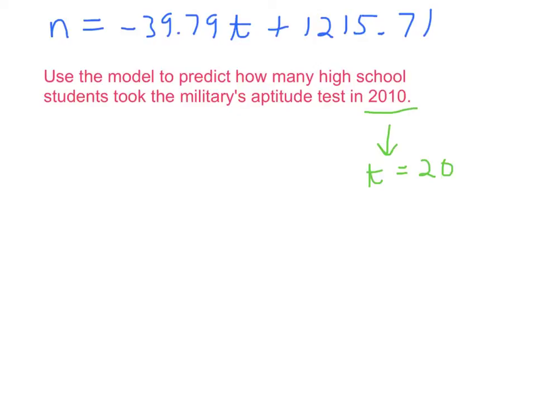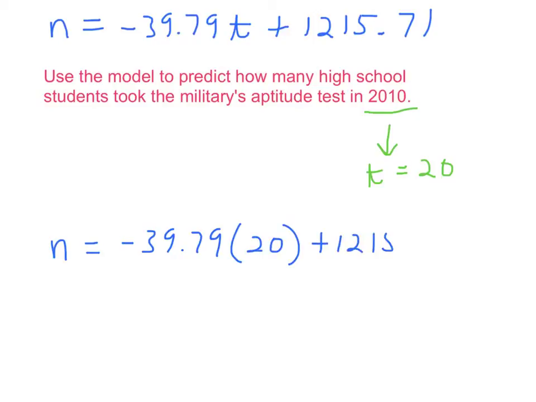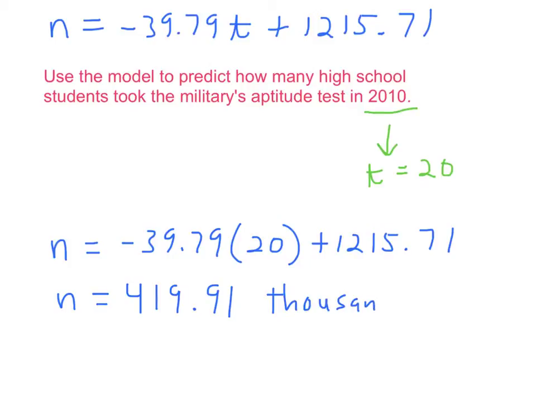So we will then end up with n equals negative 39.79 times 20 plus 1215.71. And when we work this out, the answer comes out to be 419.91. And remember, this is measured in thousands, so that would be that many thousands of high school students.